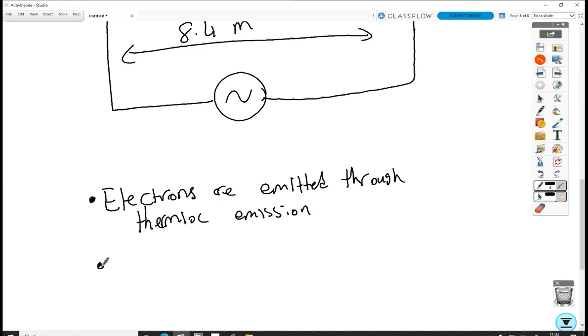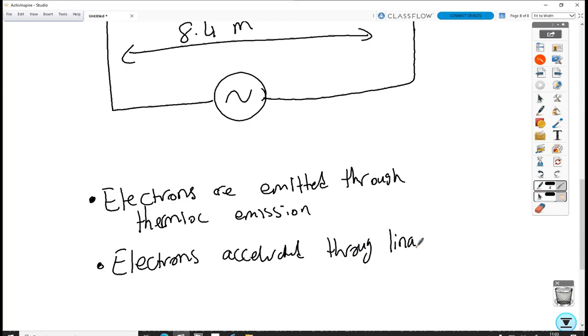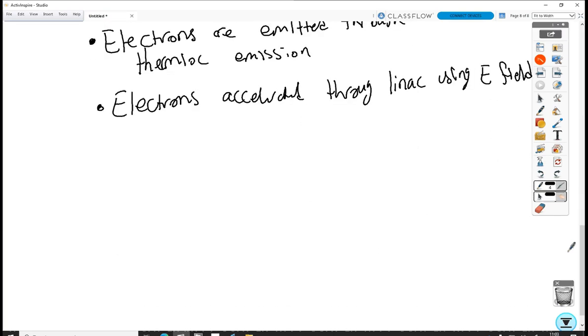Then the electrons are accelerated through the linear accelerator using E fields. And if you use E fields, then you can calculate the energy that's gained by the electrons as well. But that can be quite difficult, especially if you're using very complex equipment with lots of stuff going on.